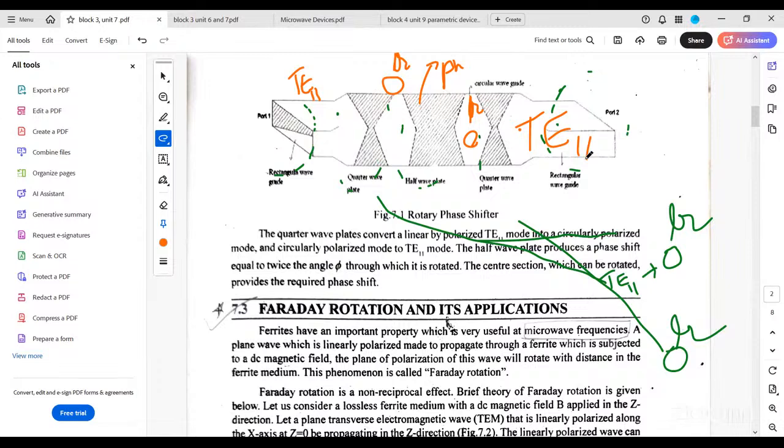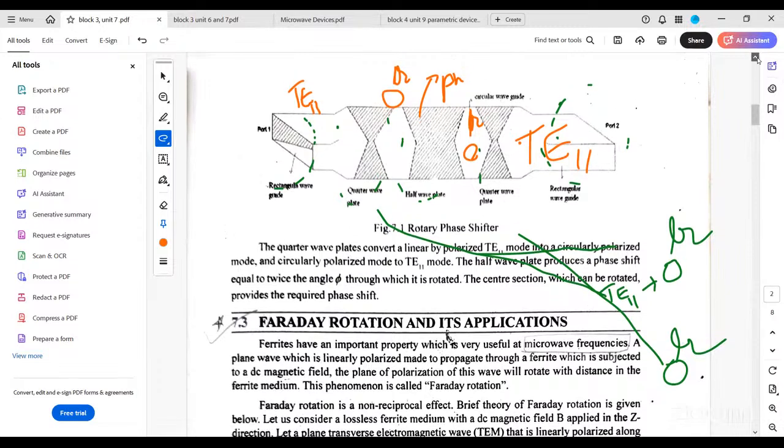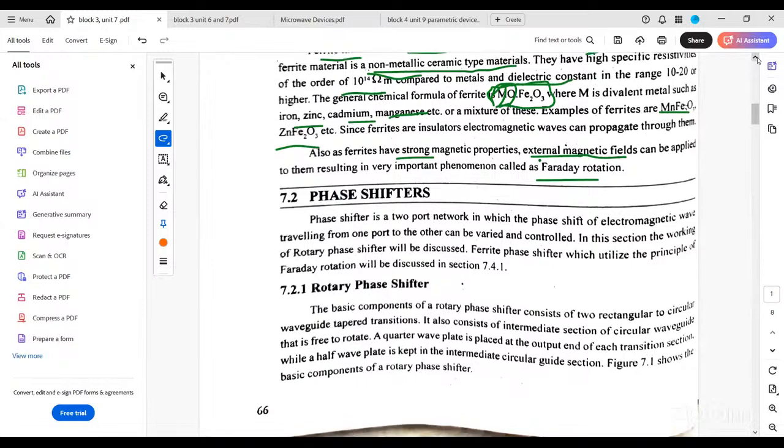This is given in this paragraph. In the previous introduction, what was given for this diagram? The description of the diagram is given here. The basic components of the rotatory phase shifter consist of two rectangular waveguides and two circular waveguides. Two rectangular, and in between, a circular waveguide.